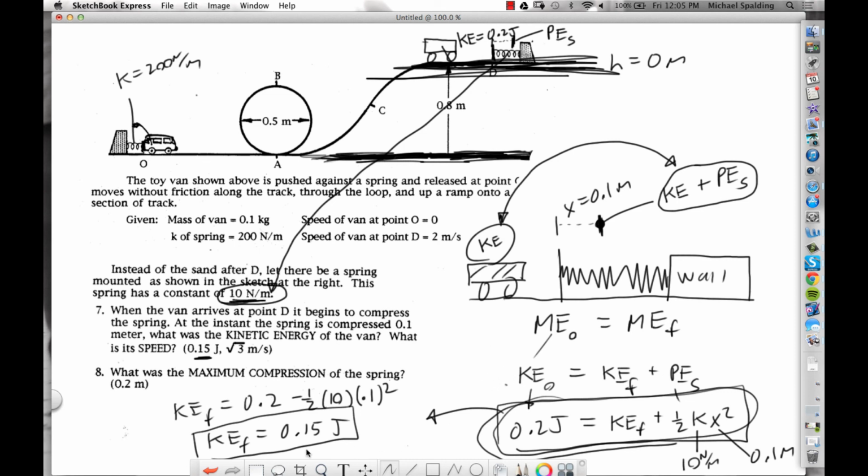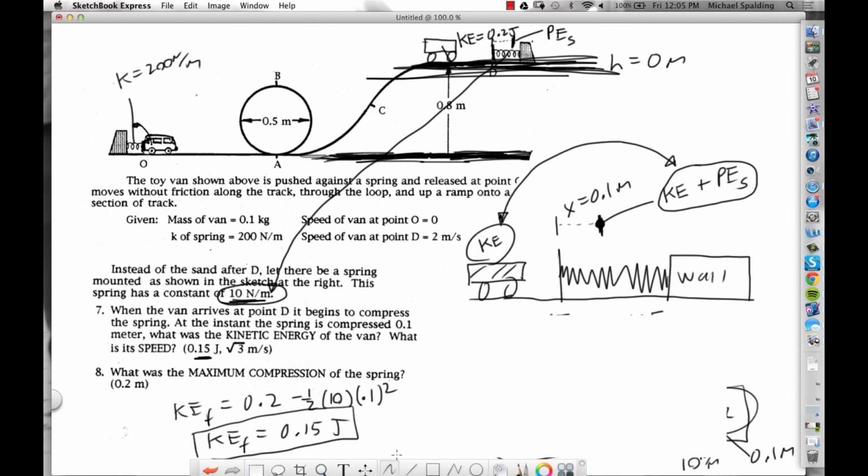Okay, for the last question, they want the velocity when the spring is compressed 0.1 meters. What would be the velocity of the van right there? How do we get that? Well, we have the kinetic energy. What is kinetic equal to? 1/2 mv squared.